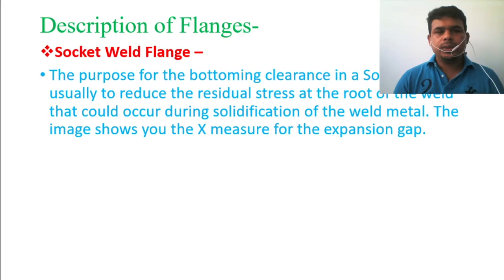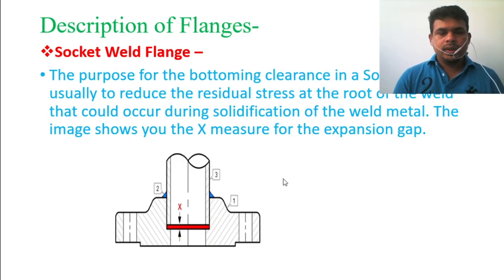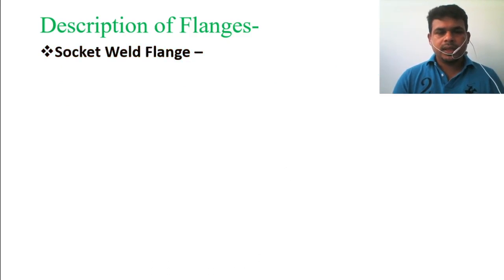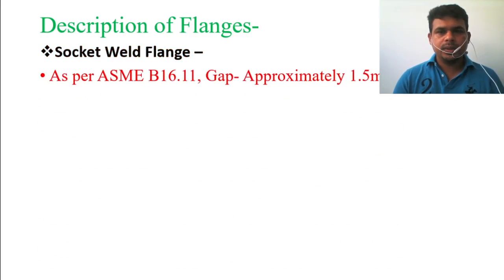The image shows the X measure for the expansion gap. I already showed you in the previous slide the X, the requirement for the gap. As per ASME B16.11, the gap is approximately 1.5 mm. Previously we saw ASME B31.1 mentioning 1.6 mm.